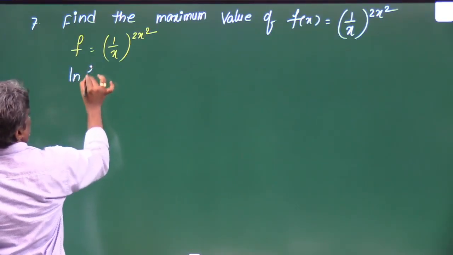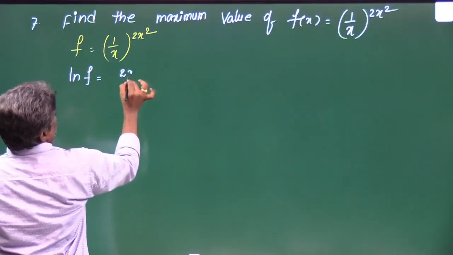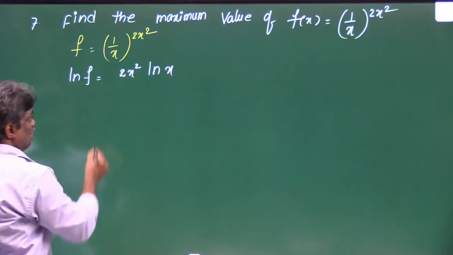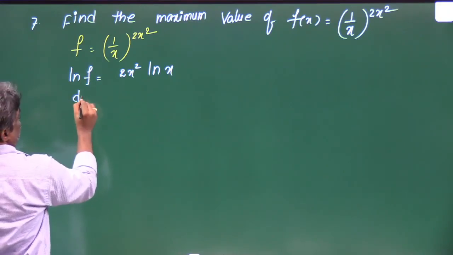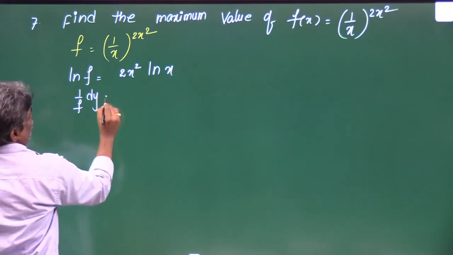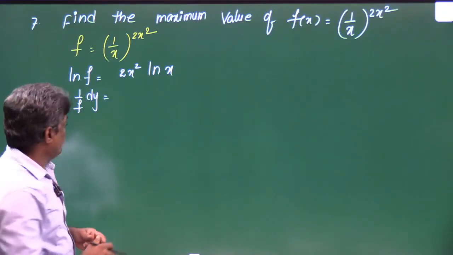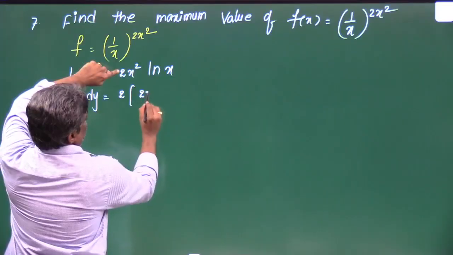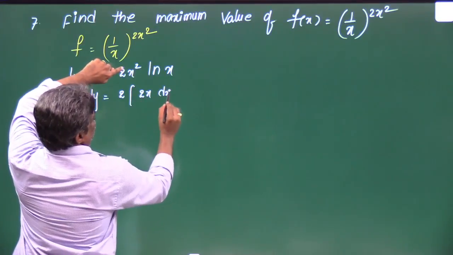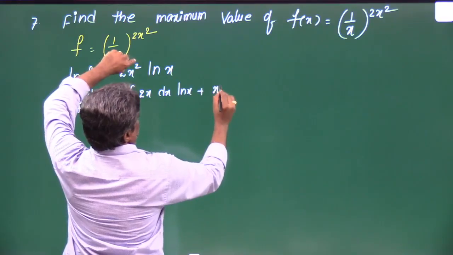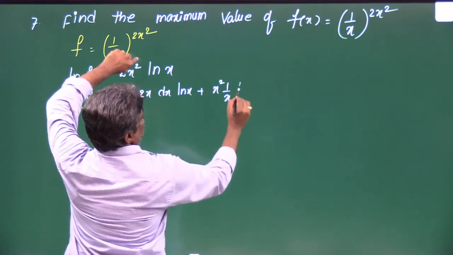Apply logarithm on both sides, and I request you do it yourself, 2x square log x, and proceed with implicit differentiation. So that is 1 by f df equal to, 2 of course common, and 2x dx, of course log x as usual, plus this time x square as usual, 1 by x into dx.